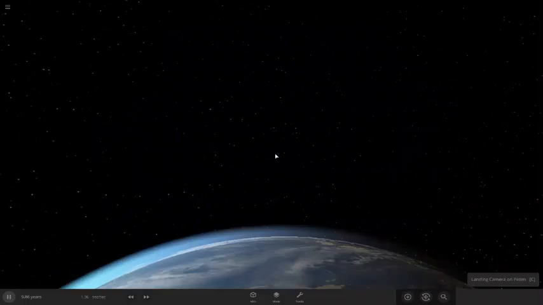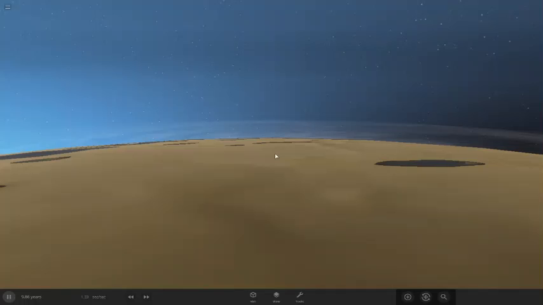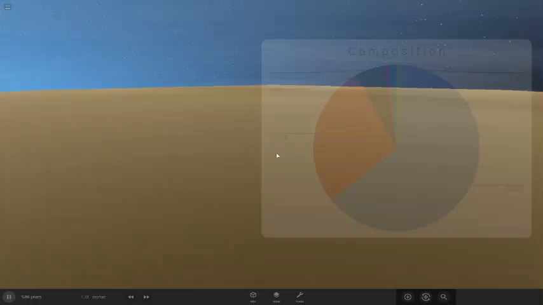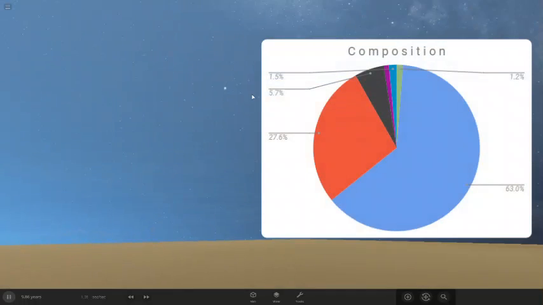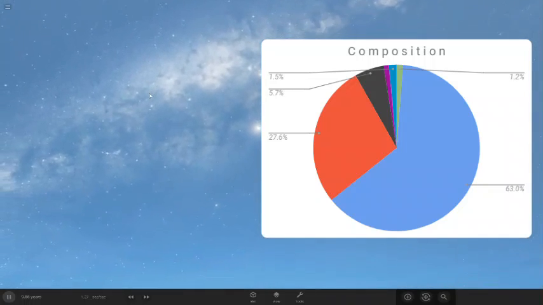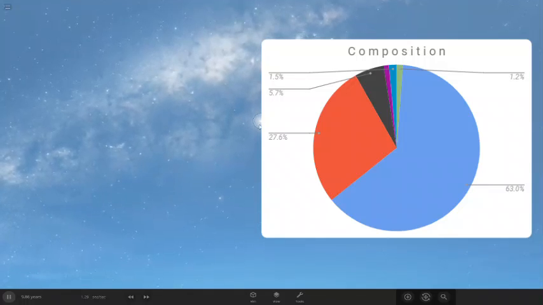So the atmosphere of Patrum is relatively similar to Earth. It's got 63% nitrogen, 27.6% oxygen, 5.7% hydrogen sulfide, which is very different from Earth, as on Earth it is a toxic gas, but on our planet it will be used for chemosynthesis.